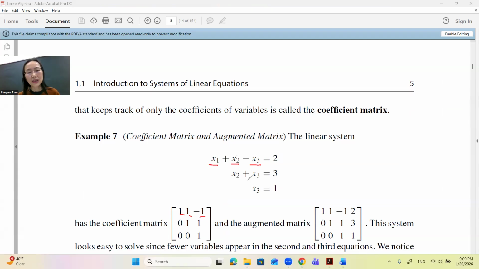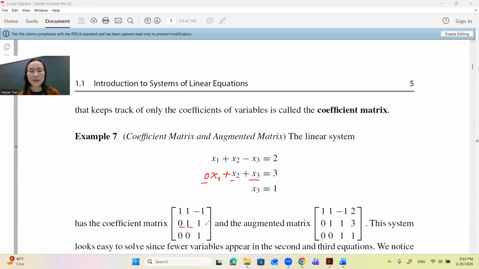For the second equation, we don't see the x1 variable. If we do not see the x1 variable, that means the coefficient for x1 is 0. We do see the x2 variable, and the coefficient of x2 is 1, right? So for the second equation, we have 3 coefficients, respectively 0, 1, 1.